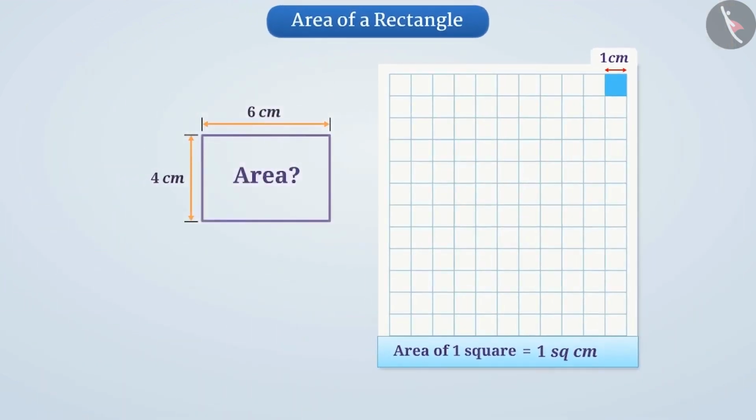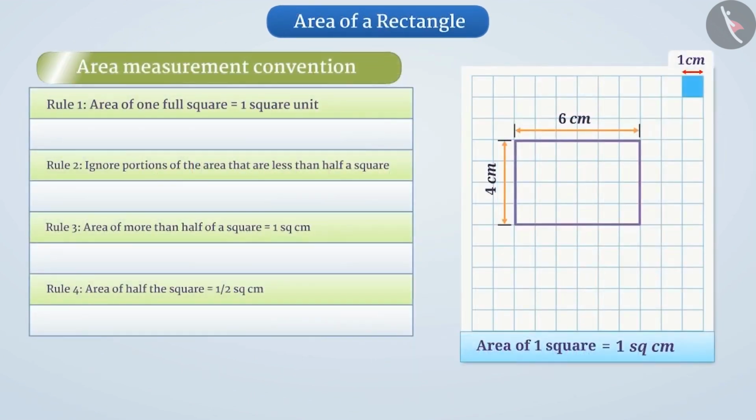Next, we will make an outline of the rectangle on this squared paper. In the previous video, we adopted a convention to measure the area. Let us find the area of a rectangle using the same convention.